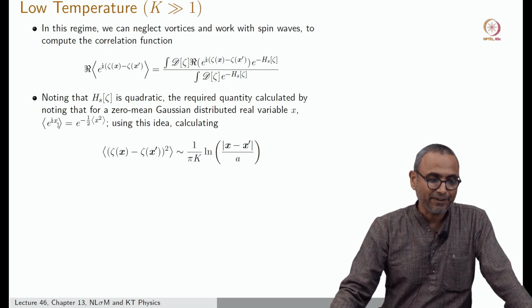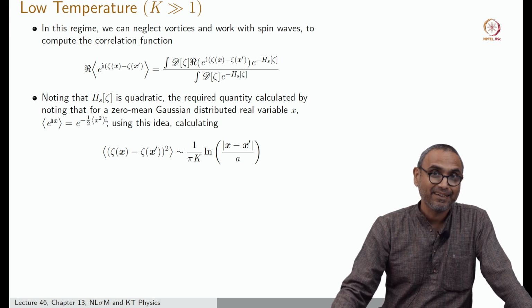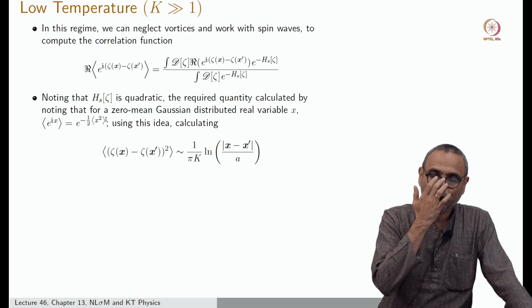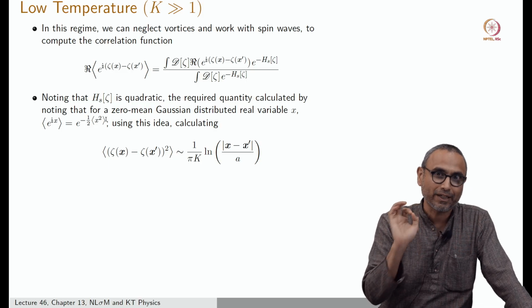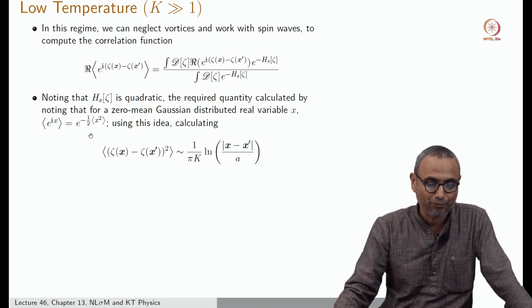Expectation value of e to the ix, where x is a zero mean Gaussian, looks like e to the minus 1/2 of expectation value of x square, right? This is all coming from the fact that the Gaussian has only one cumulant, okay? So it just comes from there, and that is what you will find.